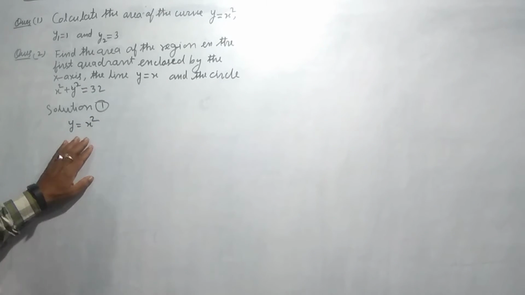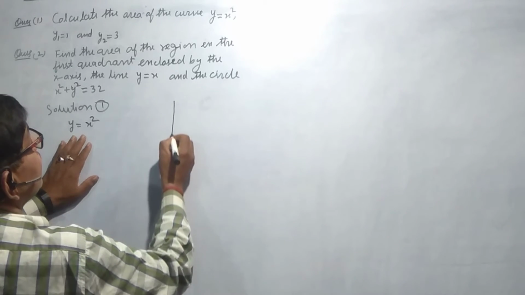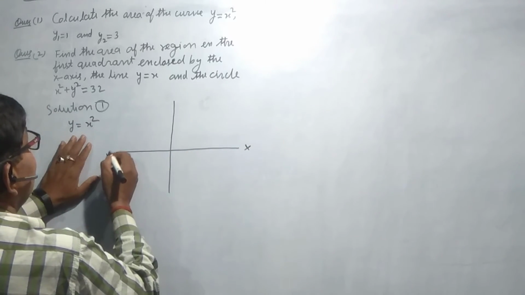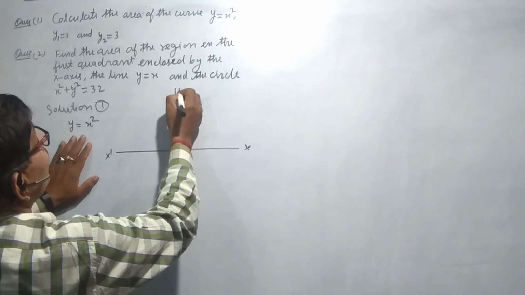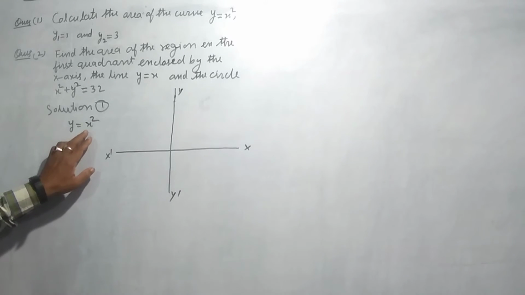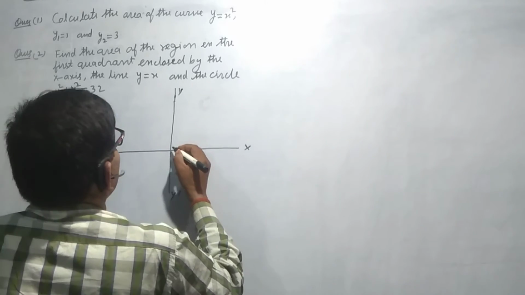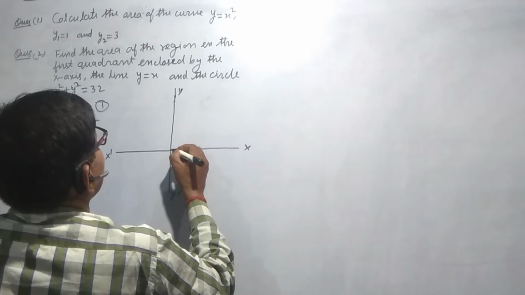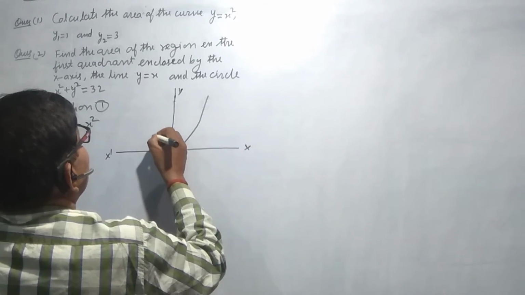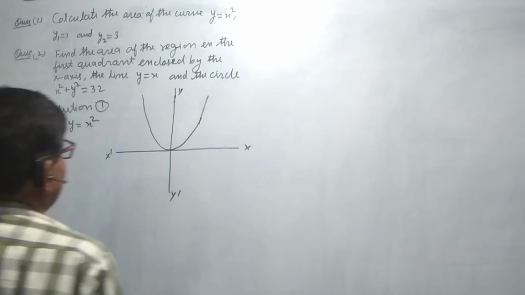This is a parabola, and as you know, this is x dash, y and y dash. Now as we know x square equals y, it means this opens upward, and both sides are the same figure.